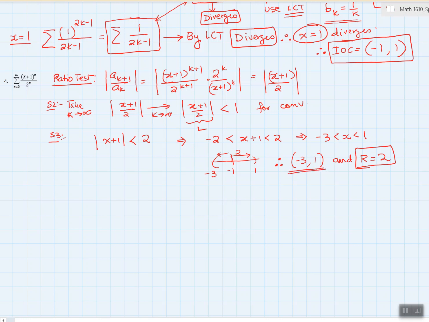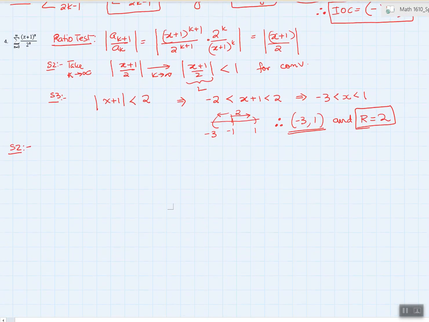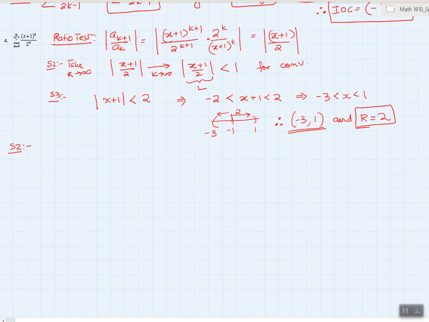Now this is tentative. We have to check at the endpoints. So to know exactly what the interval of convergence is, I have to check at the endpoints.